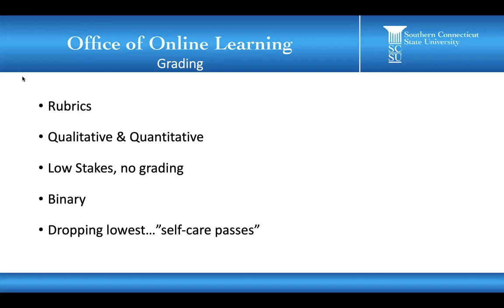You can grade your students qualitatively and quantitatively, so looking at the quality of their posts, did they include the content that you were looking for, and also then looking at the frequency of their posts. You can choose one, you can choose both. So again, really going back and thinking about what's the purpose of the discussion board. For me, I've really found that I want my discussion boards to demonstrate a student's ability to apply the content that we've introduced.